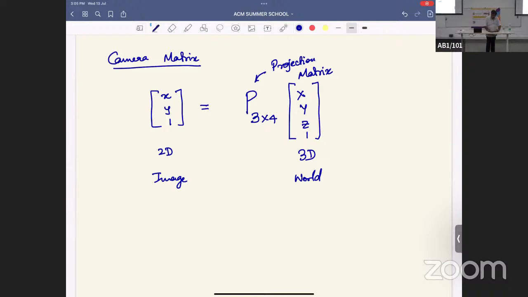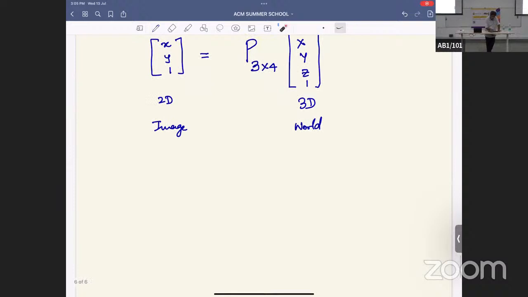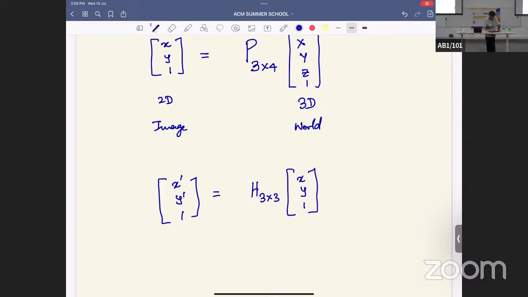Suppose the coordinates in the second image are x dash, y dash, 1, and I can have a 3x3 matrix which relates them to the coordinates of the first image. So every image 1 coordinate is related to an image 2 coordinate using a single 3x3 matrix. This is also called a homography matrix.